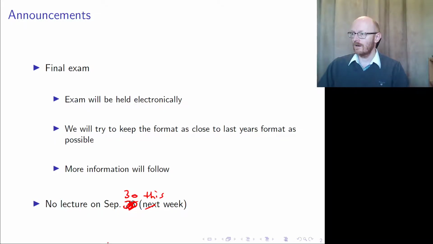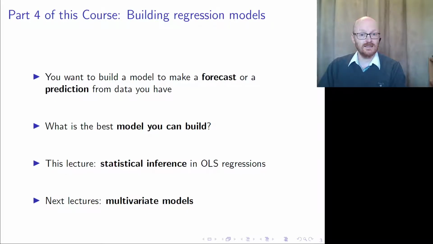Okay, so let's just get into it. Your ultimate goal is to make a forecast or a prediction from the data you have, and you remember that you had a y variable and an x variable, and your question was, how much will y change if x changes?